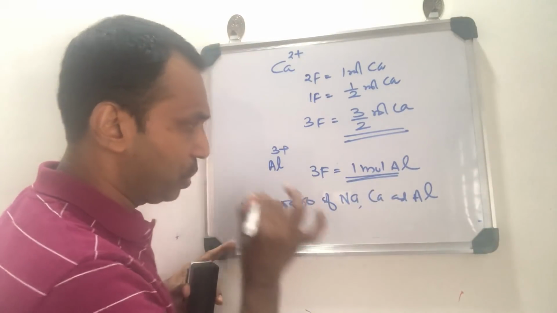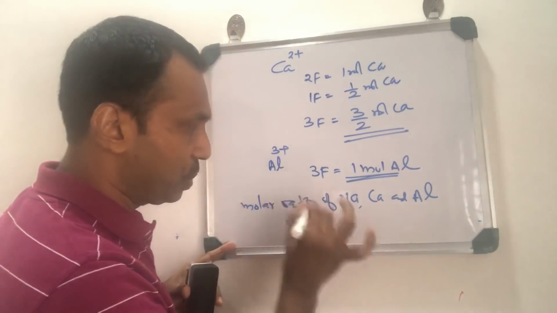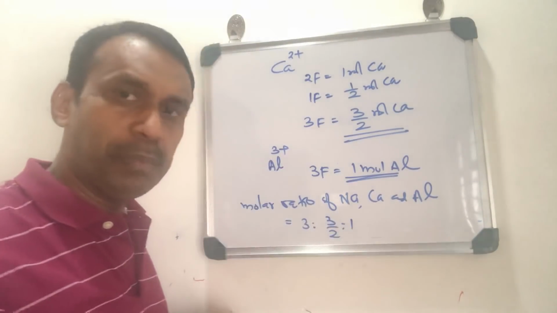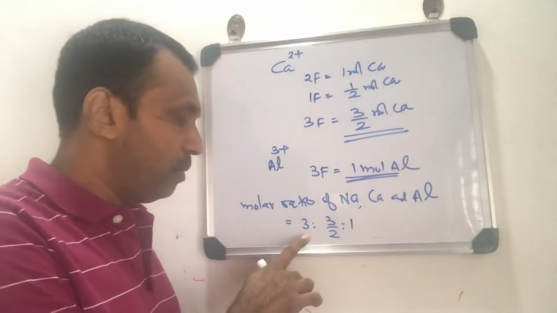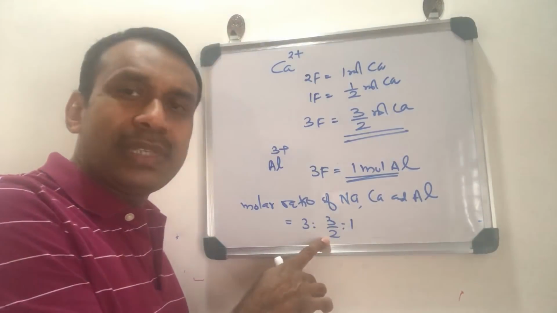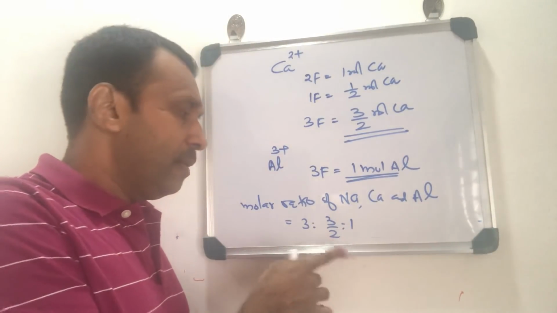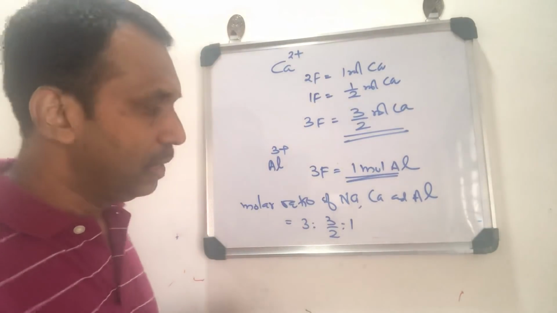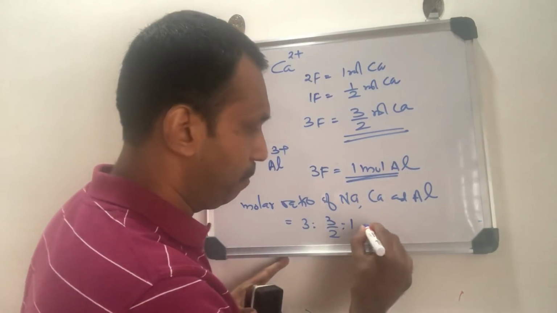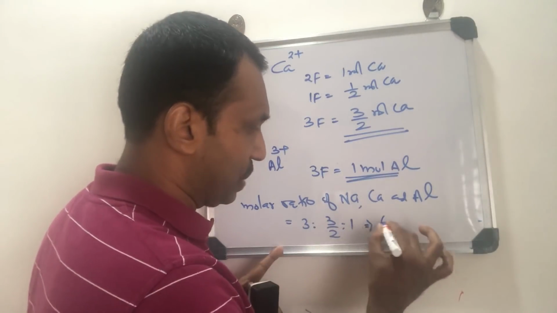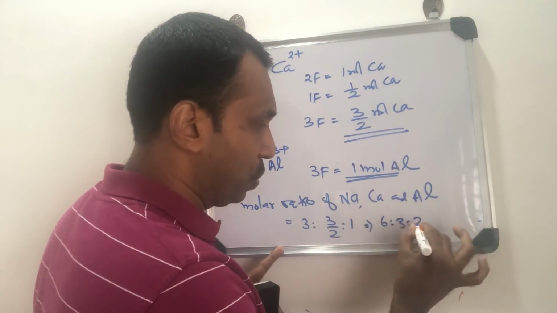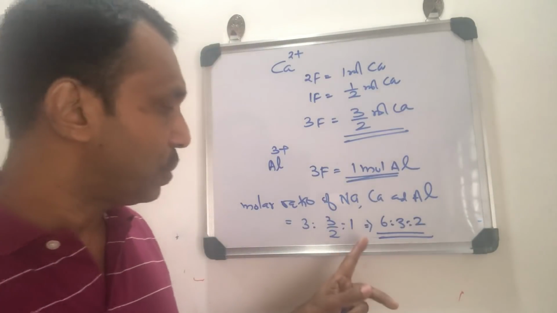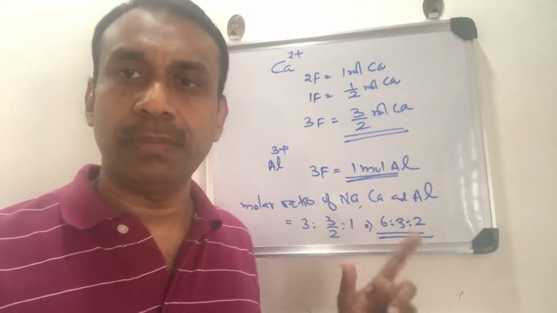What will be the molar ratio? Tell me. 3 is to 3/2 is to 1. But the ratio here, 3/2, is a fraction. Suppose we want to express the answer in whole numbers. So this ratio becomes 6 is to 3 is to 2. Now here is the final answer: 6 is to 3 is to 2 molar ratio. Clear?